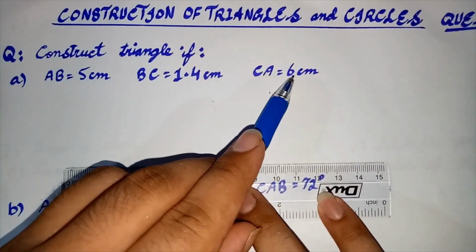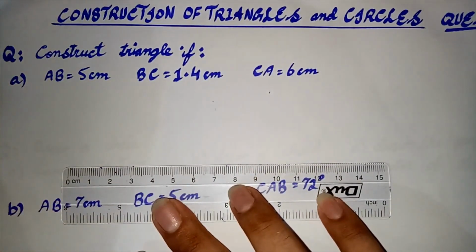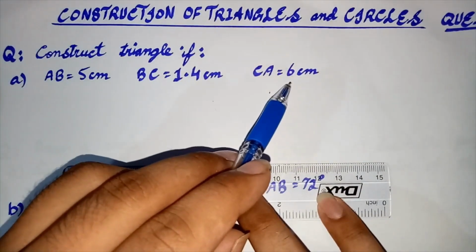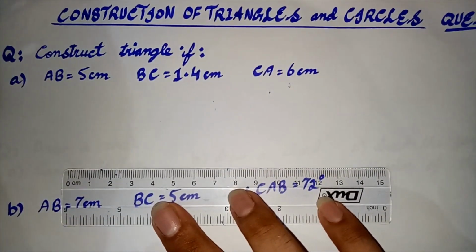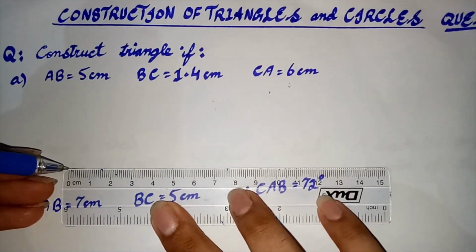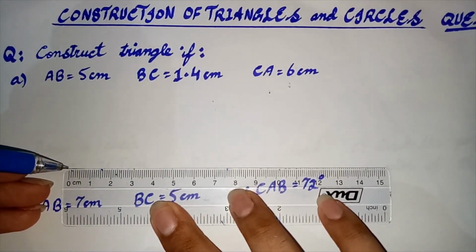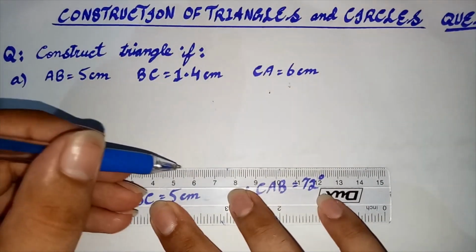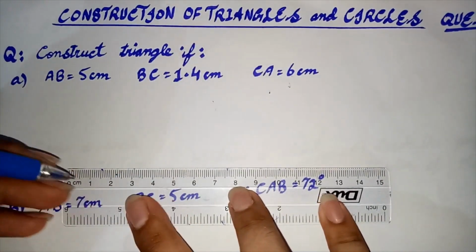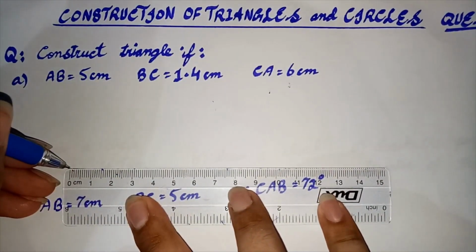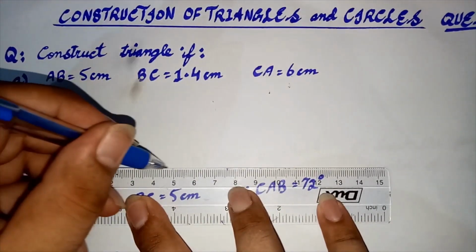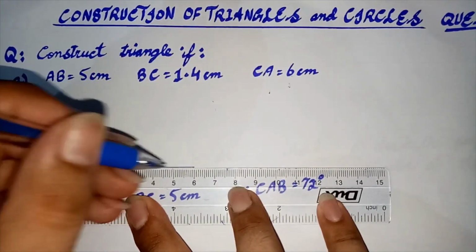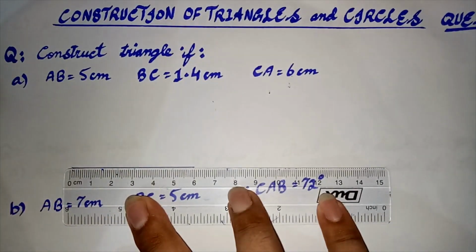Here we have 6 centimeters, so we will choose 6 centimeters as the base. First, we will draw a line of 6 centimeters. Here we have 0 and here we have 6, so we will start from here and draw a line of 6 centimeters.